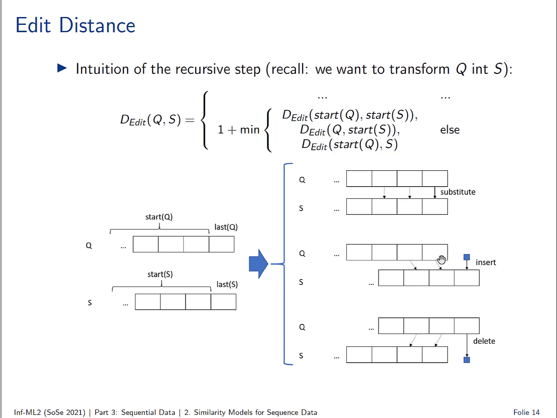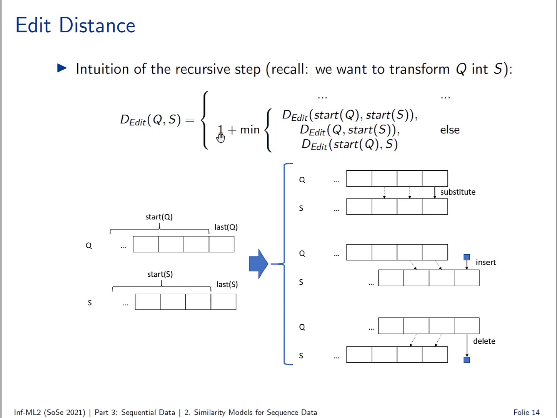We have to match the entire Q, because we just inserted something. We didn't do anything with Q so far, we didn't use the original elements of Q. So we have to align the entire Q to the prefix of S, because we already inserted the last S. So that is the second case here.